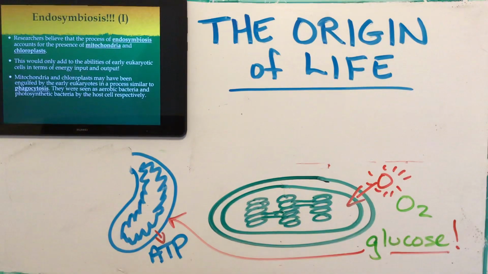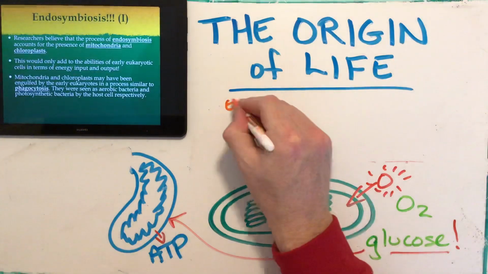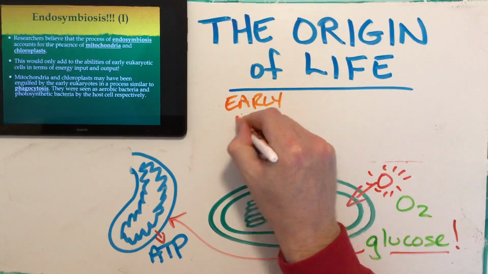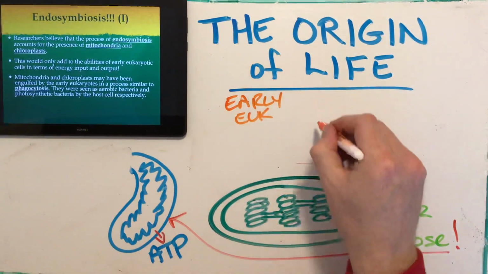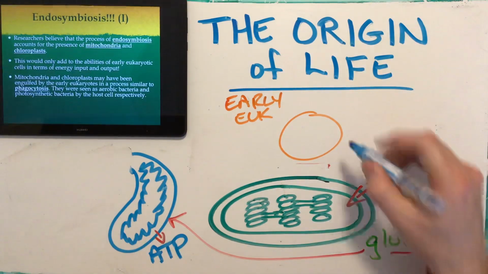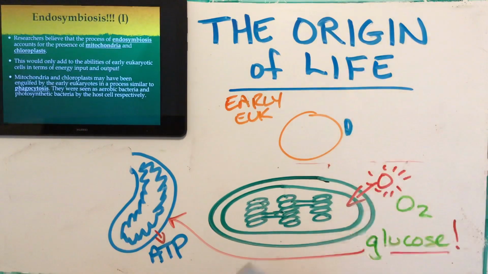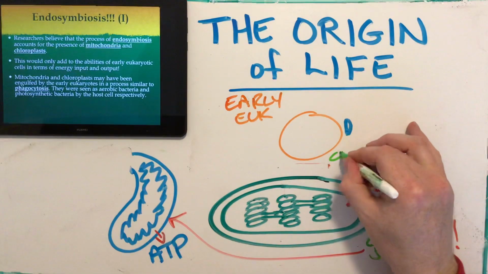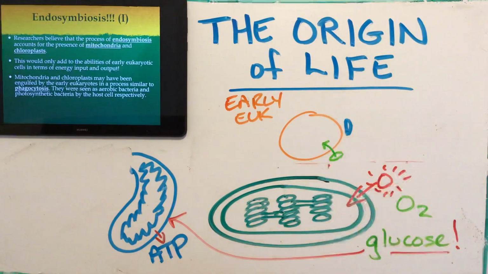I'll try to draw this nice and neat. We have our early eukaryotic cell. And our little mitochondria, which are very, very small, there's one there, or our little chloroplasts would have somehow gotten inside of these early eukaryotic cells. So somehow they got drawn in, right?